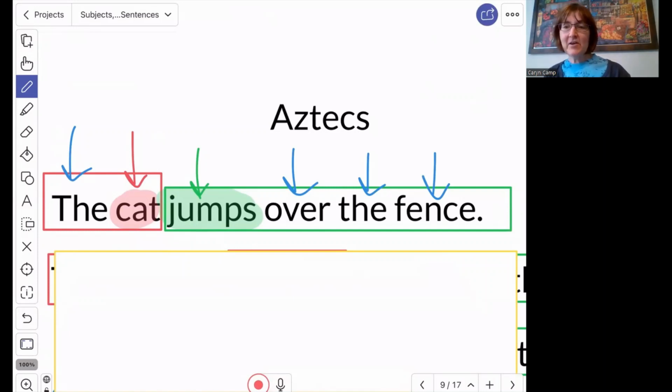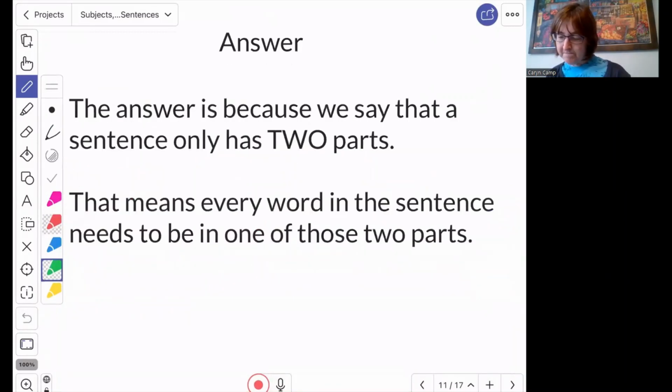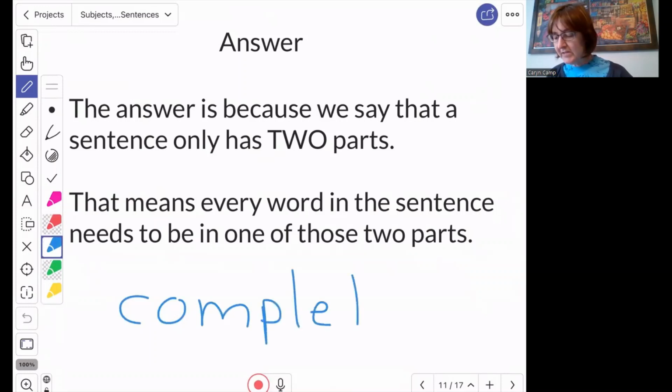But then inside of those, we find the most important part, which is this noun right here and this verb right here. The reason we use the word complete, this word complete is not talking about finishing something.